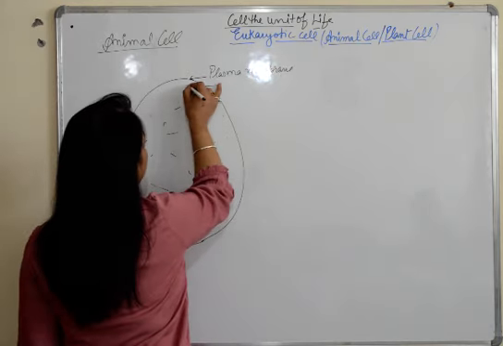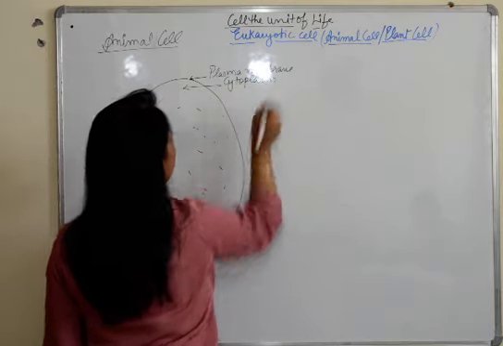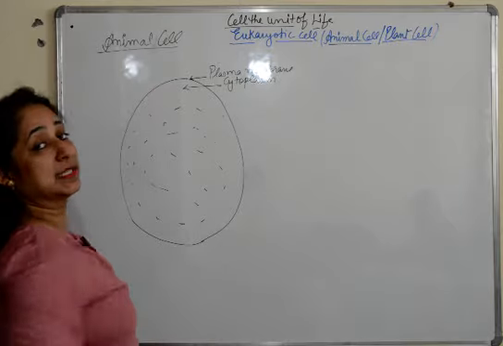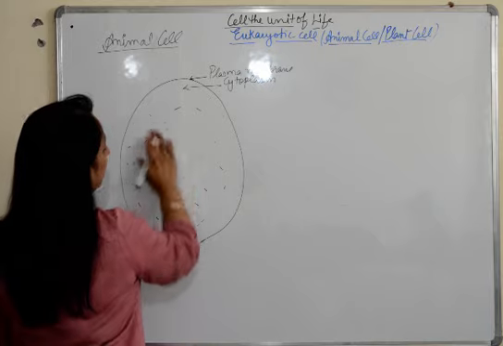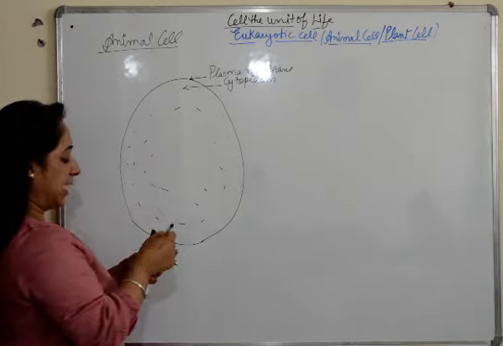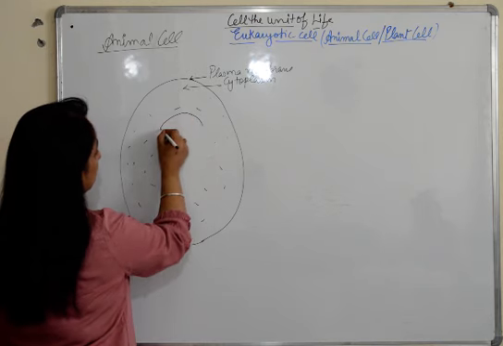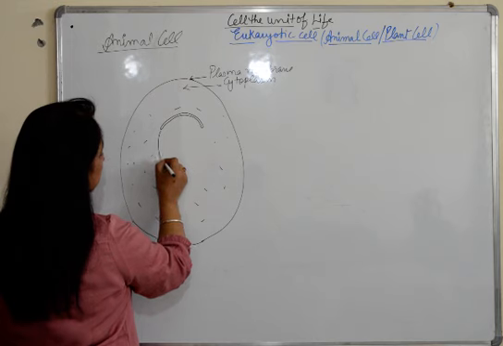After that we have this cytoplasm which fills up the cell, and all the enzymatic activity takes place in the cytoplasm. Now we are going to make the third important structure inside the cell, that is the nucleus. So let's just start making the nucleus.